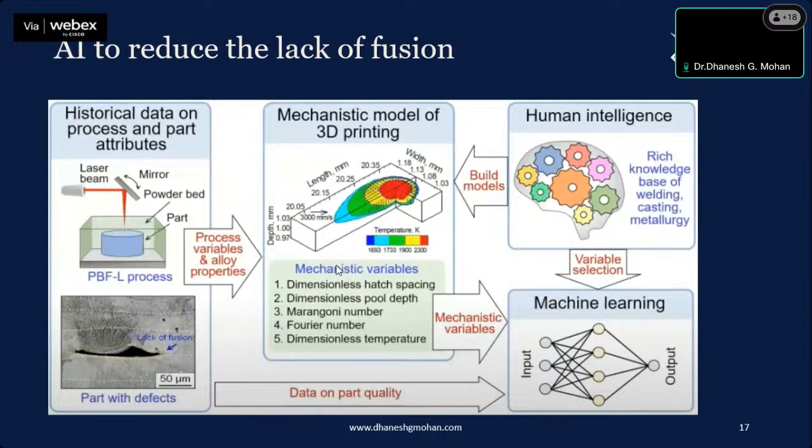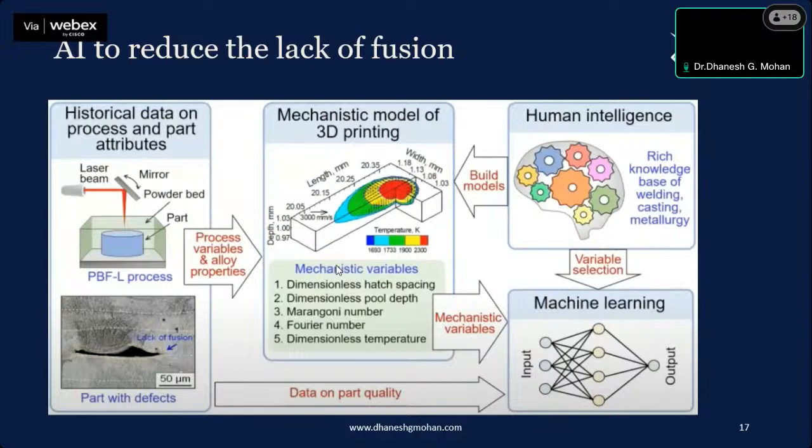Then it will predict. For example, we print a material for maraging steel. We need to print for stainless steel, and the only data available is for maraging steel. We feed those data, and we give what the properties of this other stainless steel are. This machine learning algorithm will adjust those things compared to the requirements.